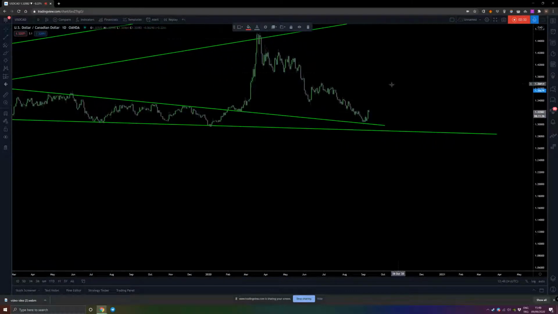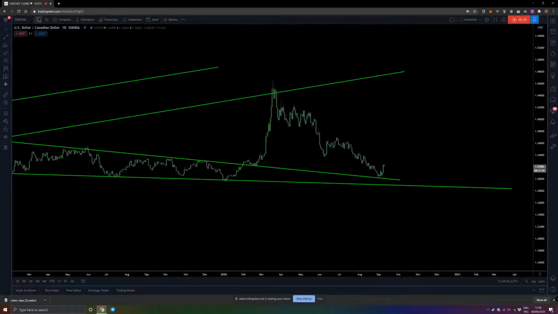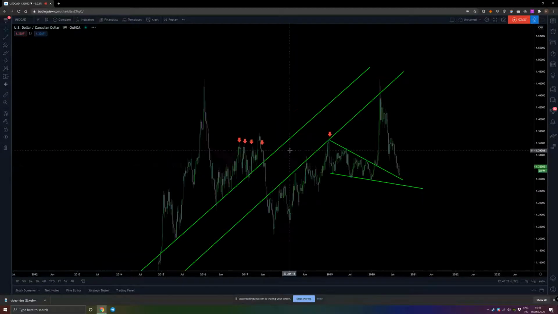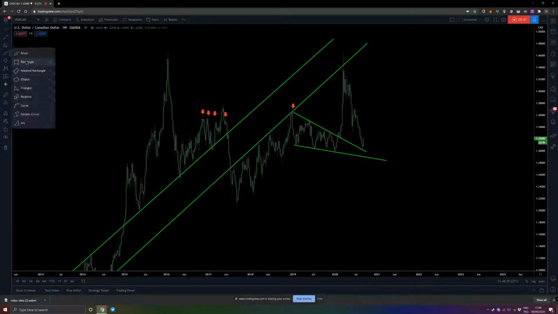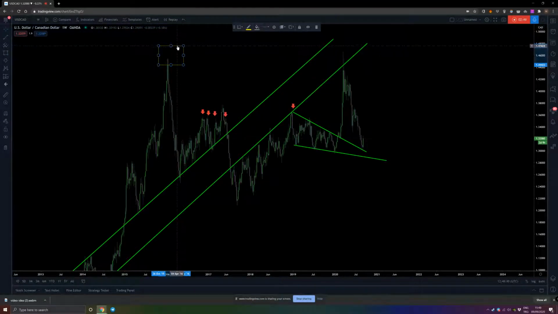And from the daily chart, well, actually, if you go back to the weekly chart, you could have some options here. Now, you may consider this as a double top, okay? This would be your first top, and this would be your second top, which is cool.